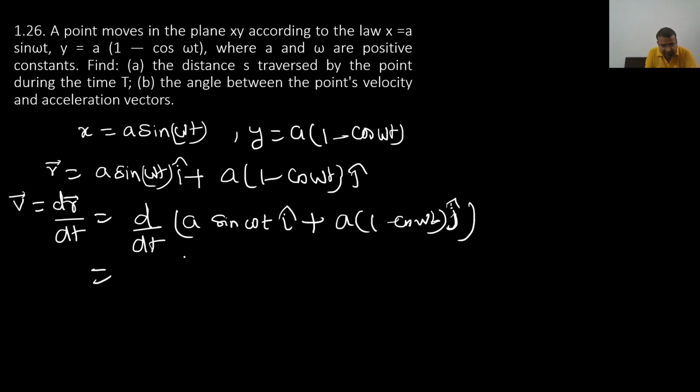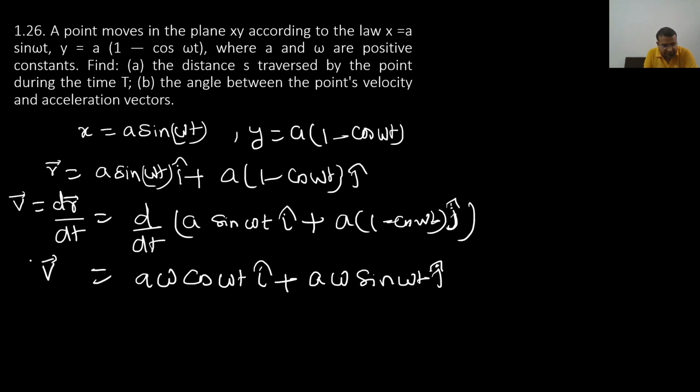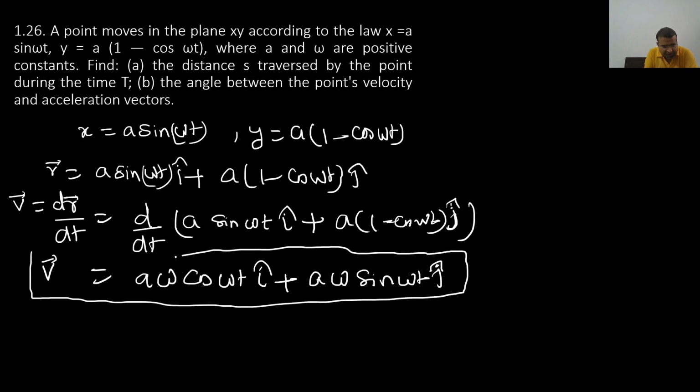If you differentiate, sine omega t gives a omega cos omega t i cap, plus, since minus cos is differentiated to plus sine, a omega sin omega t into j cap, which imparts direction. So with this differentiation we have the velocity components: the x component is a omega cos omega t and the y component is a omega sin omega t.